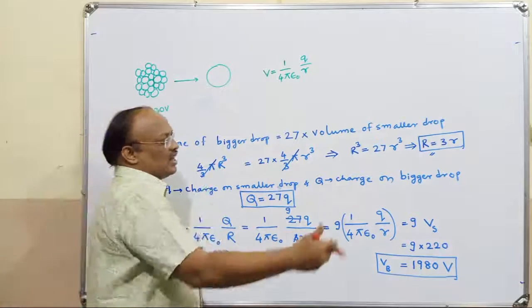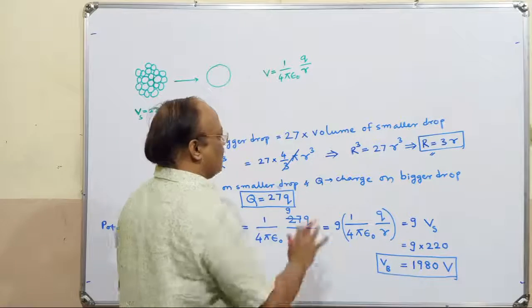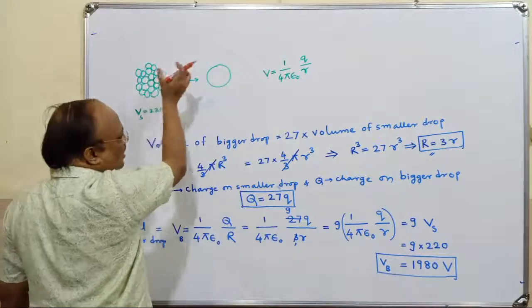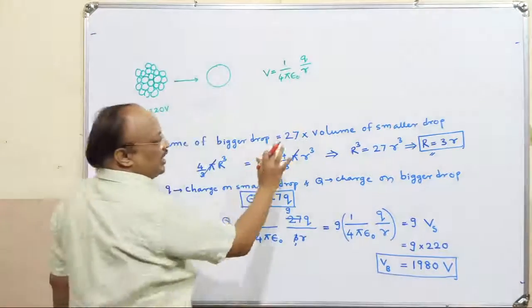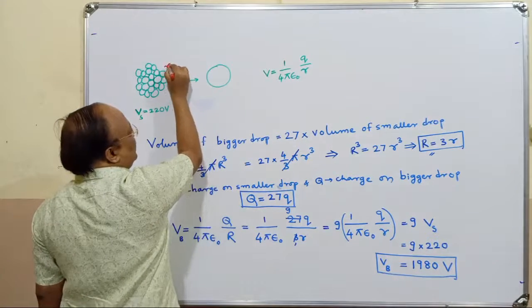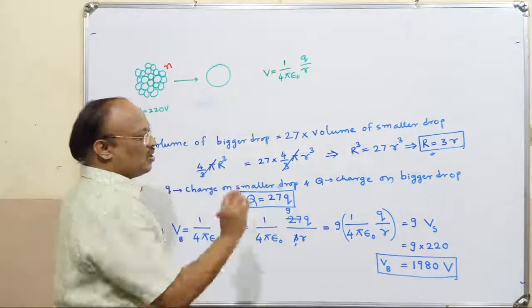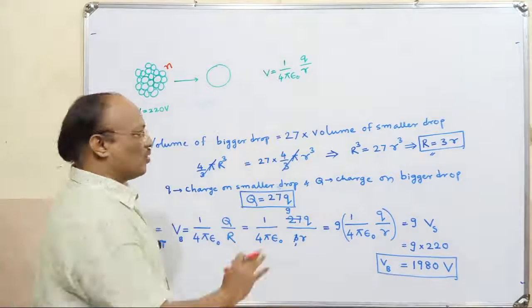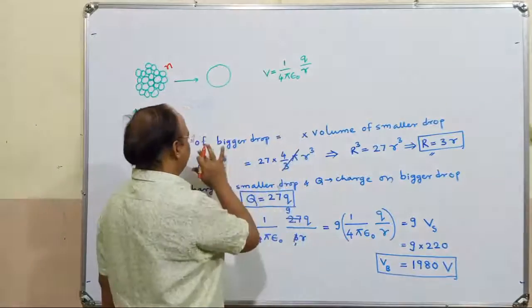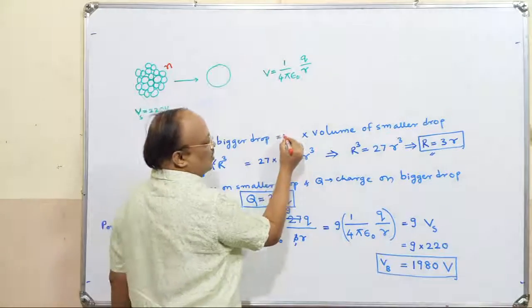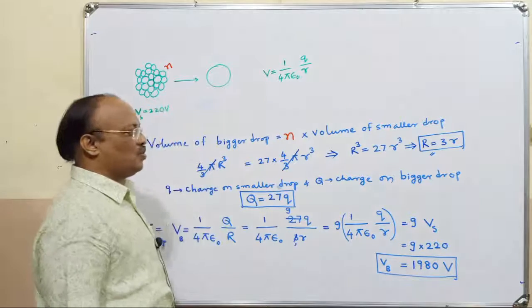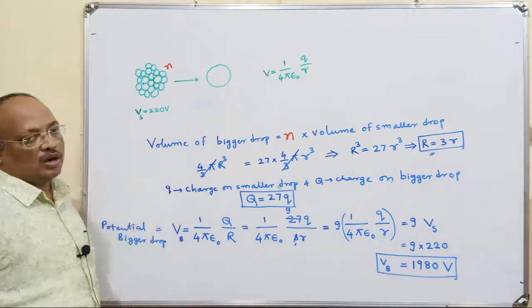So in general, if n charges coalesce to form one, the volume of the bigger drop is equal to n times the volume of the smaller drop.